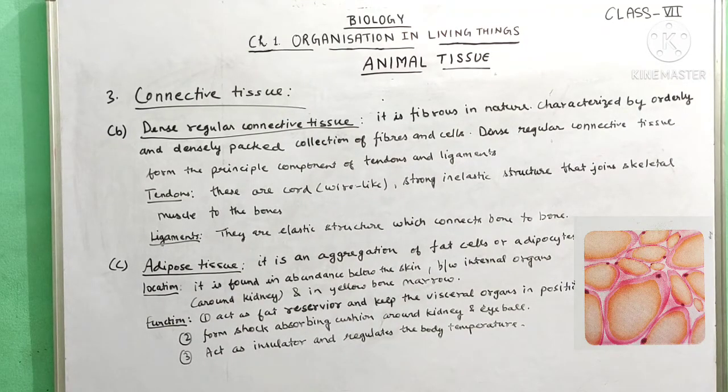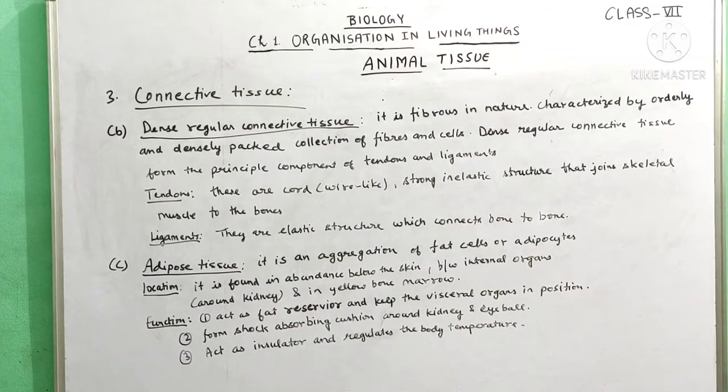The shock we feel when we walk, when we move around, can be absorbed by this adipose tissue, like the shock absorber in a bike. Okay, it also acts as an insulator and regulates the body temperature. Okay, this is the function of the adipose tissue.